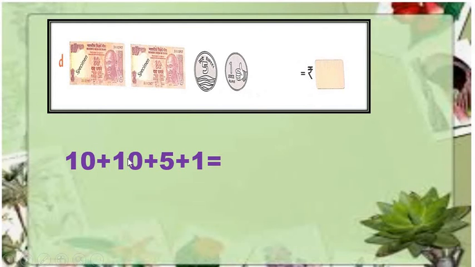So 10 plus 10 plus 5 plus 1. What will be the total? 10 plus 10, 20. 20 plus 5, 25. Plus 1, 26.